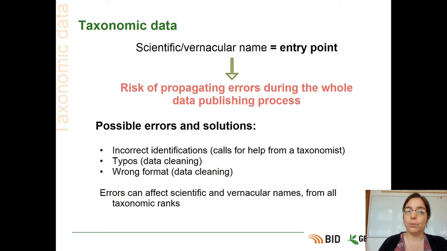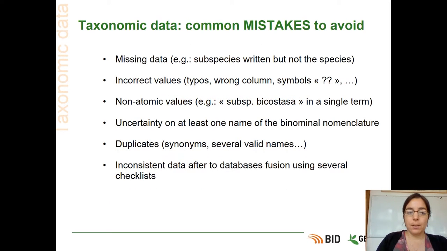And the errors can affect scientific and vernacular names from all taxonomic ranks. So you have to be careful about the scientific name table or column, but you also have to check all the taxonomical ranks in order to be sure that your data are correct at every taxonomical level. Some other common mistakes to avoid regarding taxonomic data are missing data.